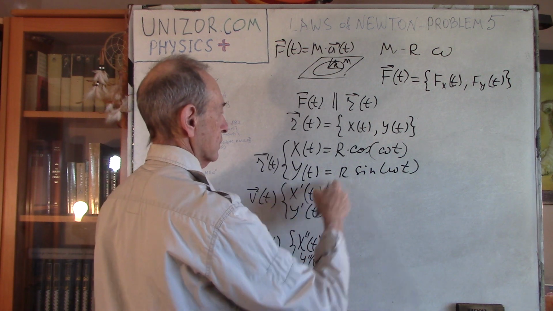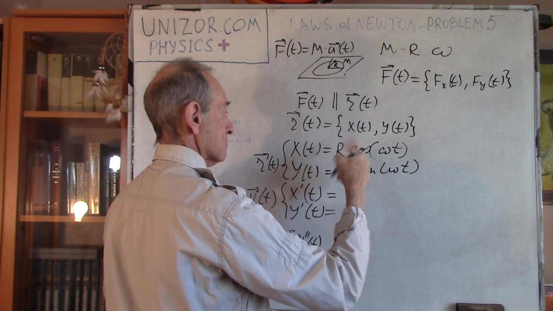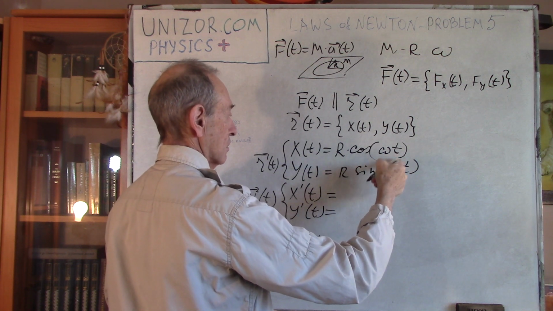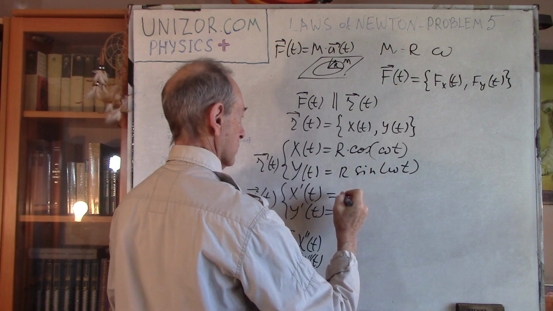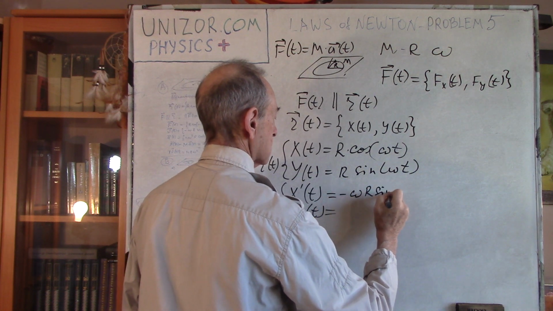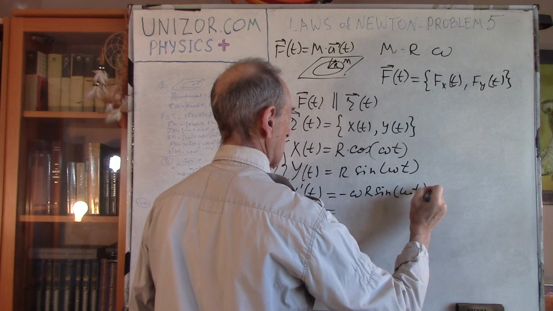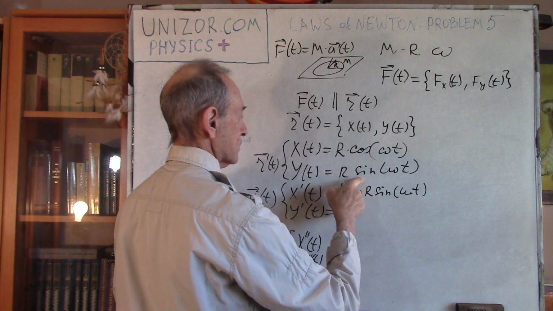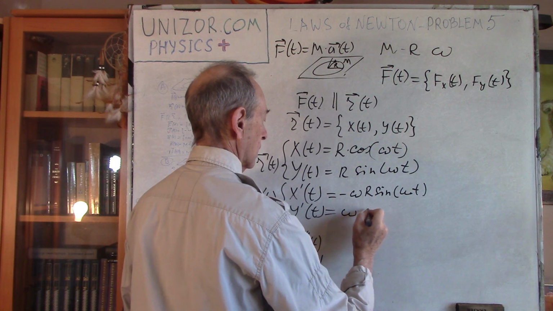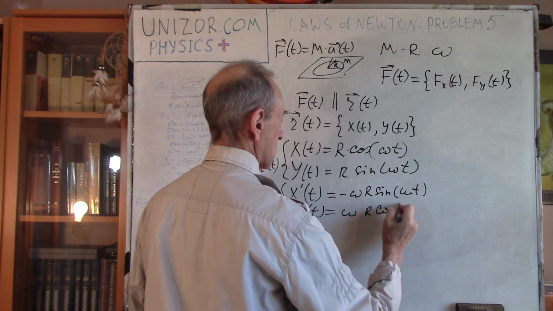First derivative. The derivative of cosine is minus sine, and the internal function is omega t, so another omega comes outside. It would be minus omega r sine omega t. The derivative of sine is cosine, times omega, so that would be omega r cosine omega t.